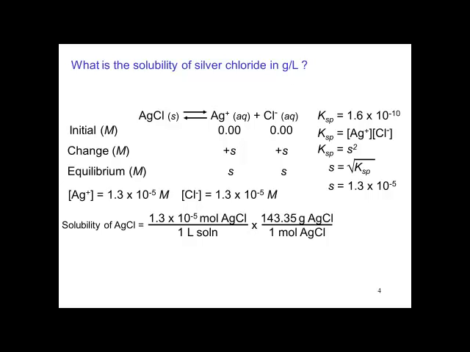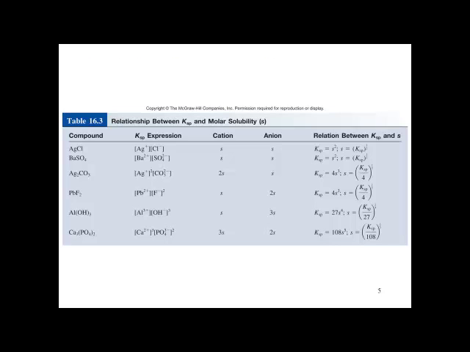If we multiply it times the molar mass of silver chloride, 143.35, our answer is 1.9 times 10 to the minus 3 grams per liter. This is a table showing the relationship between Ksp and molar solubility for different cases. Again, notice that the coefficients become exponents and make the Ksp expressions a little more complex.